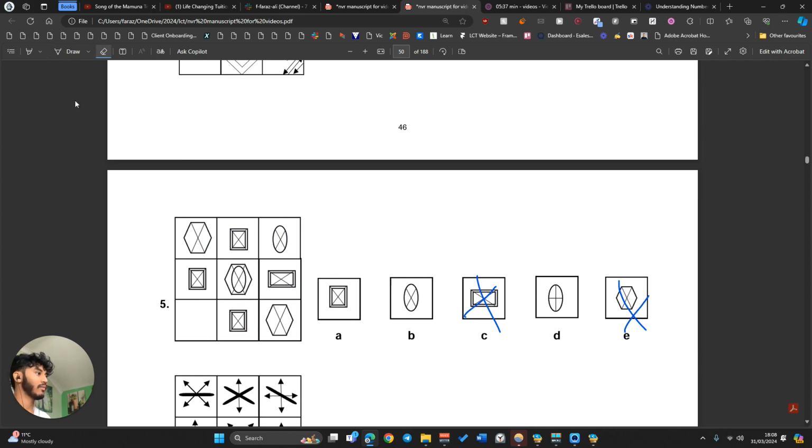Okay. I am also seeing something different. For example, if I look diagonally this way, these two are the same. These two aren't the same actually, so I'm not going to look for that.